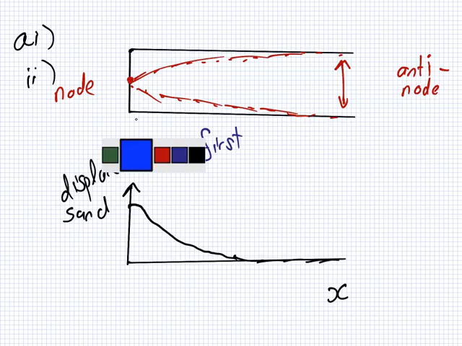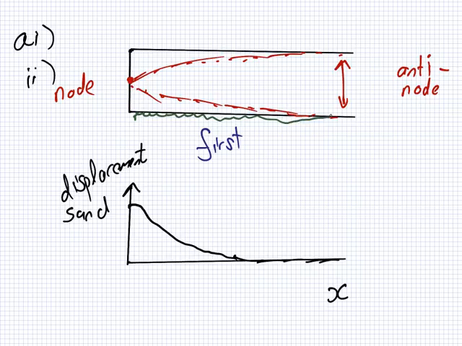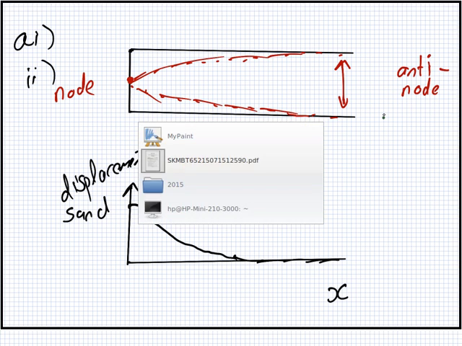If you put some sand at the bottom of the pipe, then it will start to build up at the end. I like it. They didn't ask for it, but I like it. I think they just want this. We've done this one many times. Okay, next.